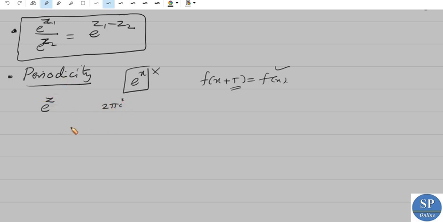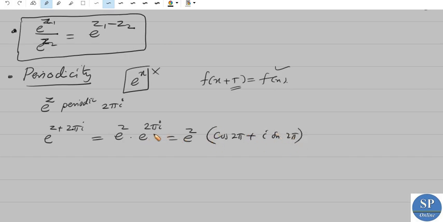The complex exponential function e power z is periodic with the period 2 pi i, because we can write e power z plus 2 pi i is nothing but e power z into e power 2 pi i, which is equal to e power z into, by the definition, e power 2 pi i is nothing but cos 2 pi plus i sin 2 pi.